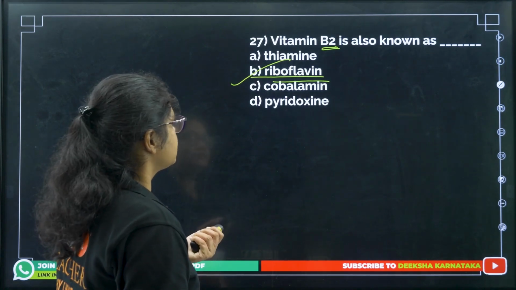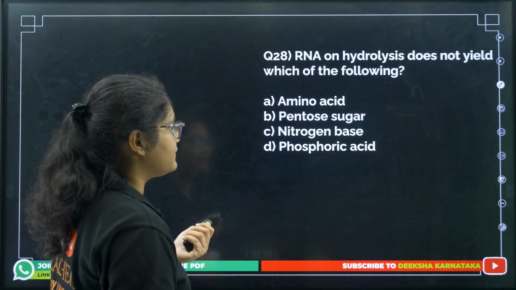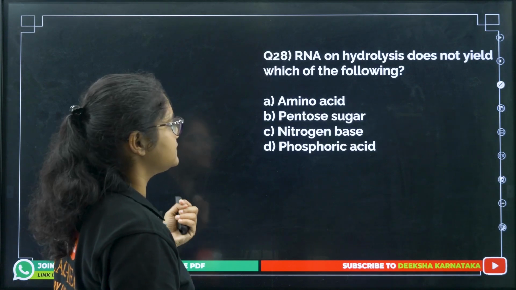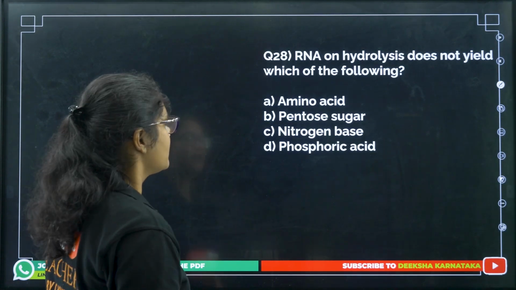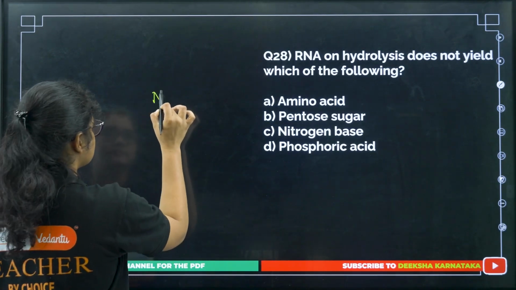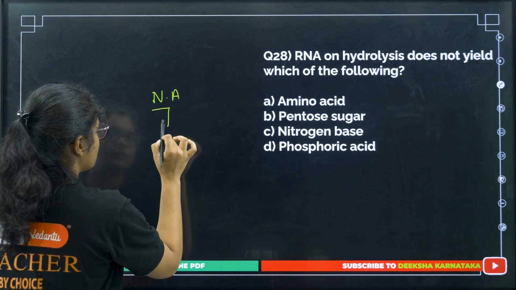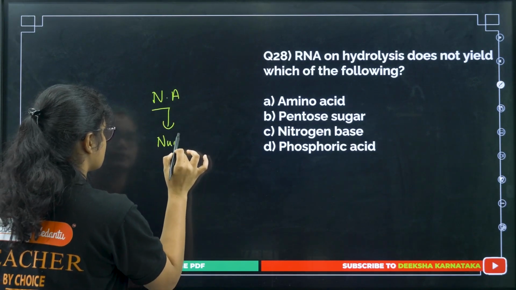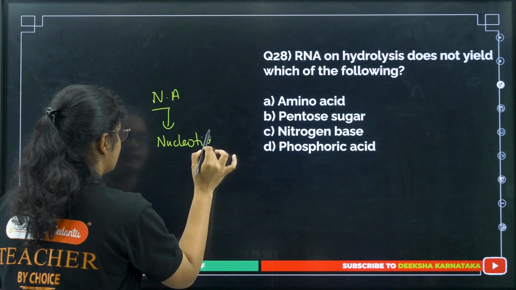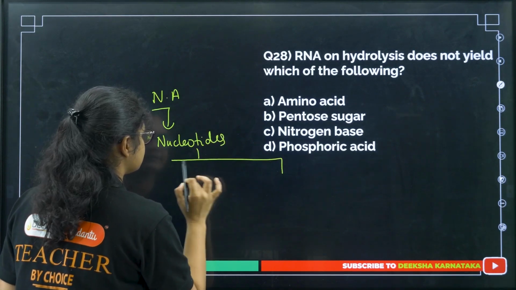Okay. Next you have question number 28, that is RNA on hydrolysis does not yield which of the following. So if you know nucleic acids, okay, they are made up of what? Nucleotides, right? And each of the nucleotides is made up of what?